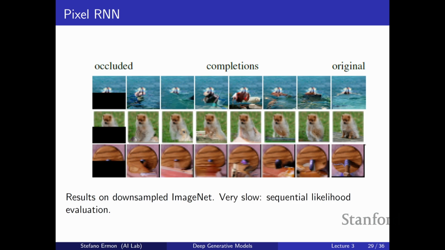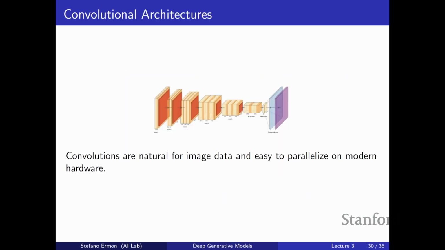The challenge is that, because you have to evaluate the probability of an image sequentially, you have to unroll the recursion. These models are very slow. And so in practice, what tends to work much better on images is convolutional architectures. These are the kind of architectures that work well when you're building classification models.